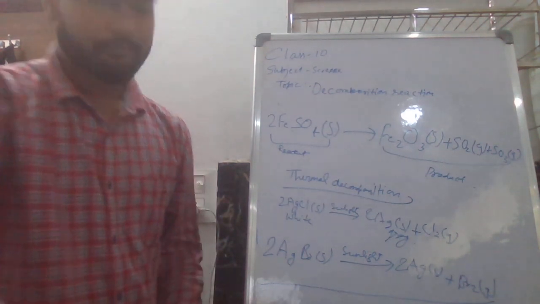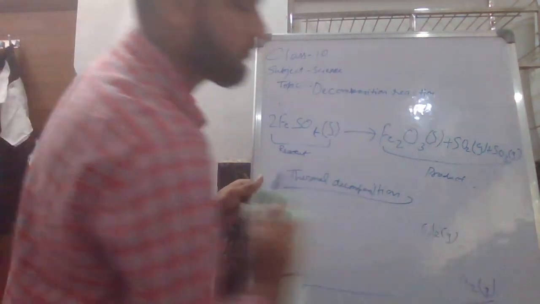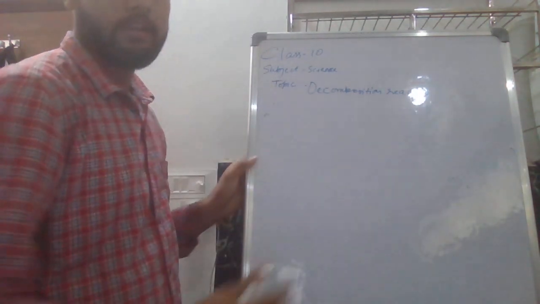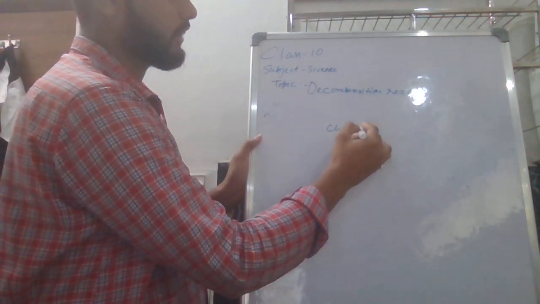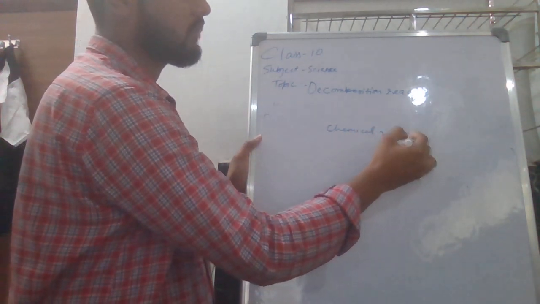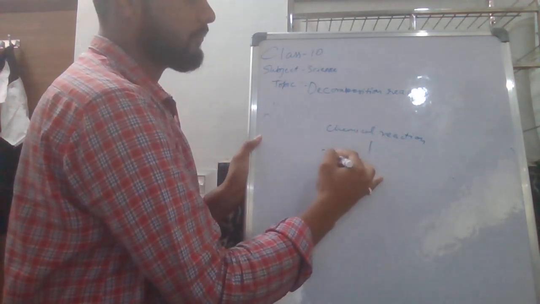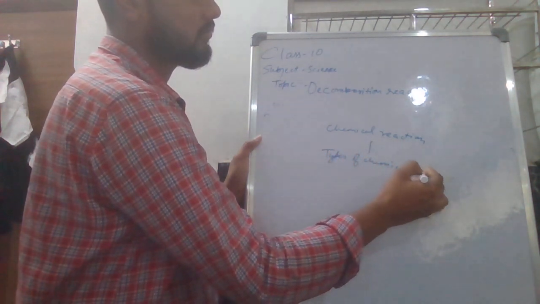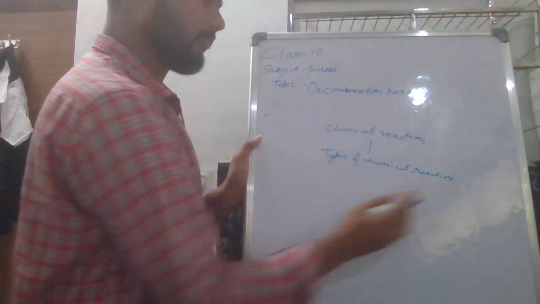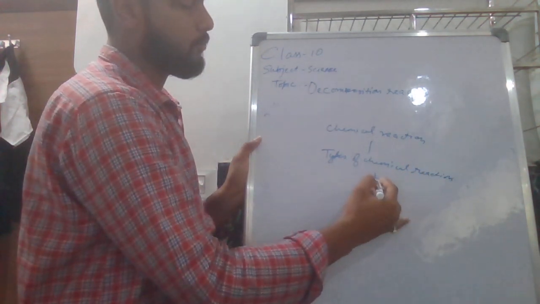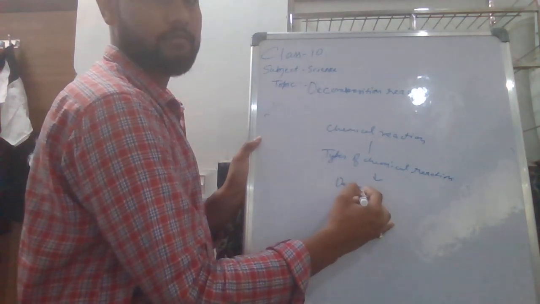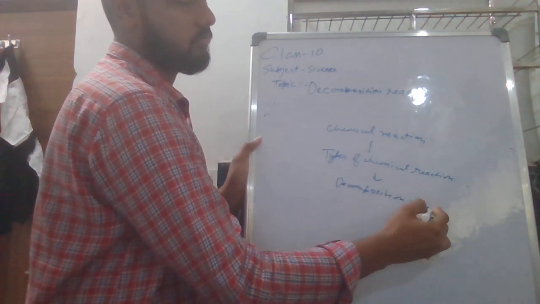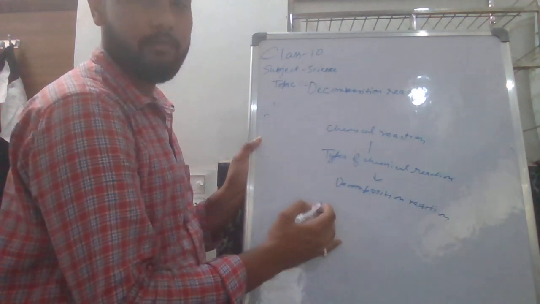So first chemical reaction, then types of chemical reaction, then the combination reaction and decomposition reaction, after that thermal and photo decomposition reaction.